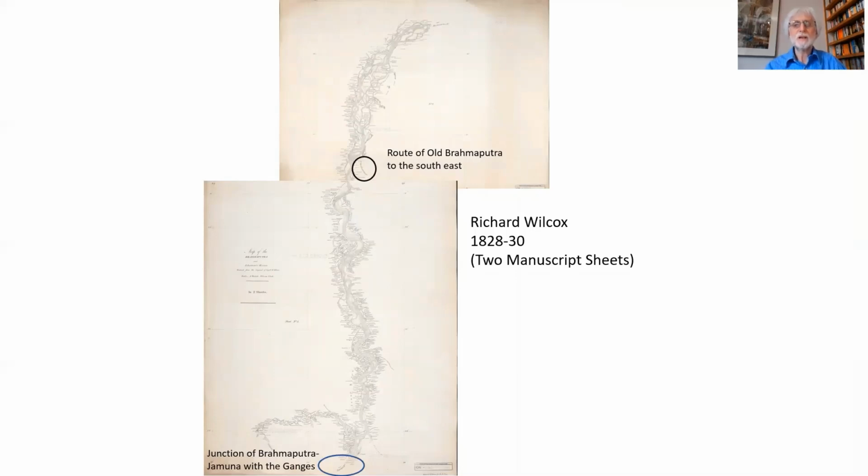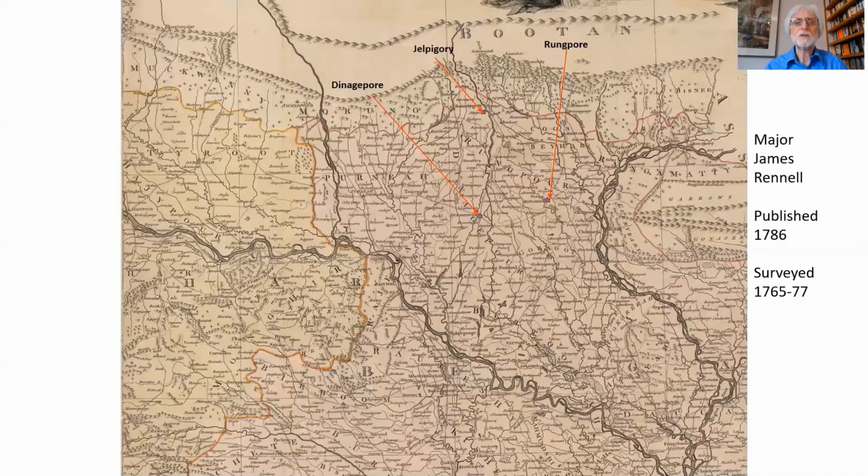But if we go back a few more decades, this is what we see. This is Rennell's map from his Bengal Atlas, published in 1786, but it's all based on a survey from the period 1765 to approximately 1777. Here what you see is the Brahmaputra rounding the Garo Hills and then changing direction, not flowing south but flowing southeast to be east of the Madhupur tract.